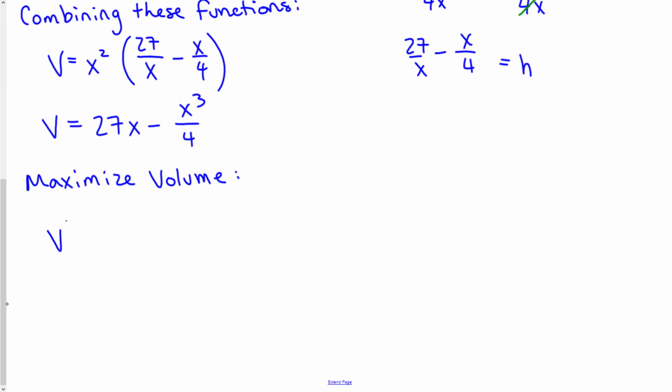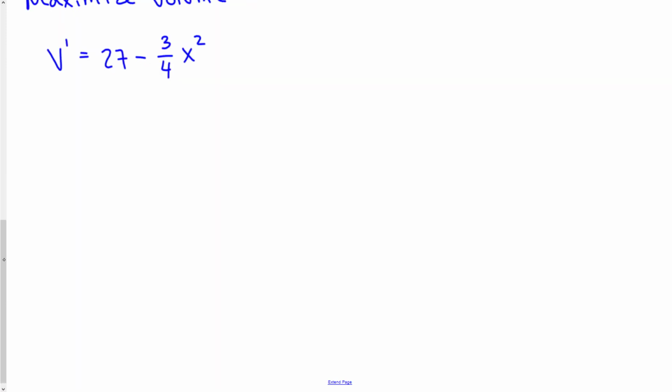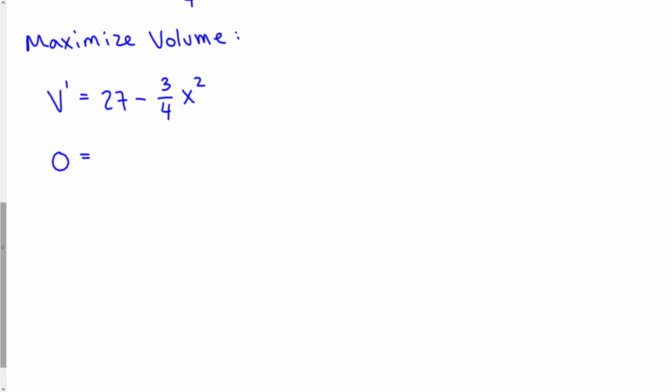So that would be 27 minus 3/4 x squared. And when we are maximizing a function, we need to find out where its derivative is 0 or undefined, but often if you have polynomial functions, your derivative's not going to be undefined, so we don't have to worry about that here. I'm going to add 3/4 of x squared to both sides.